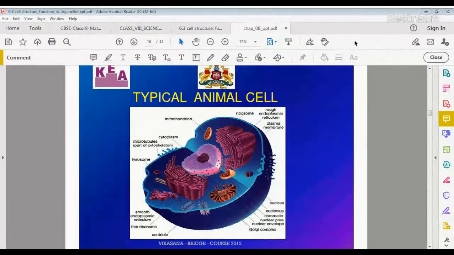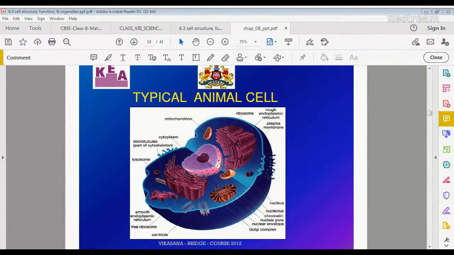Here, this is a typical cell. Here you see there is mitochondria, cytoplasm, microtubules, which are a part of the cytoskeleton, and there are lysosomes, right? You can see. Then there are many things. Then here, this part is the smooth part. Hope you can see it.